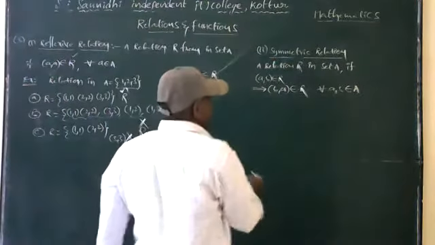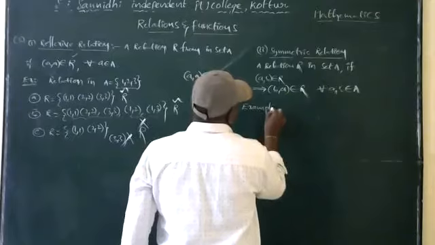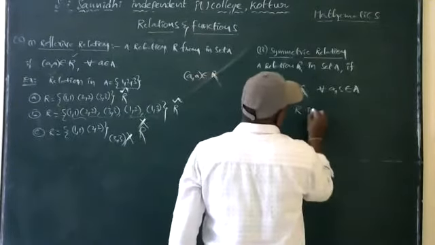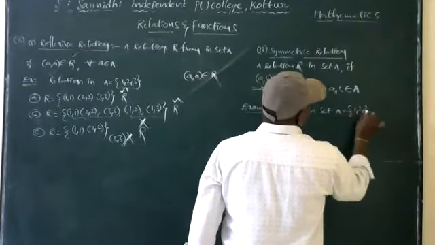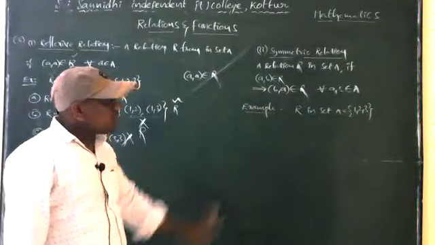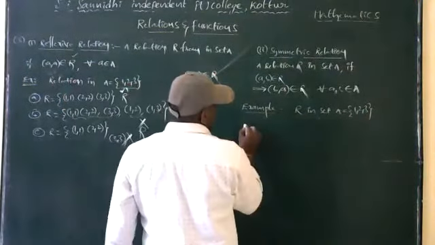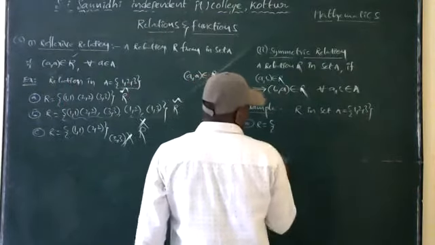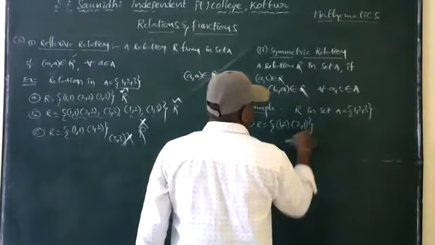For example, see the example here. A relation capital R in set A 1 to 3. So these all are examples, just for understanding. Capital R in set A 1 to 3. First example: R is equal to 1 2, then 2 1.